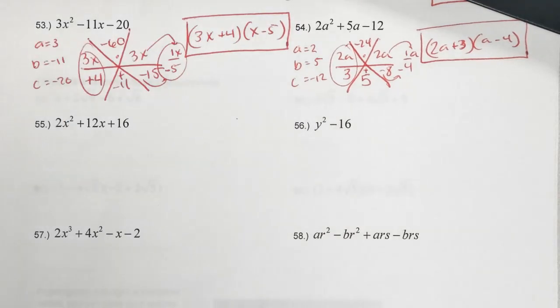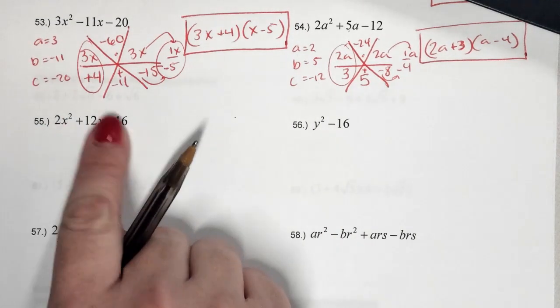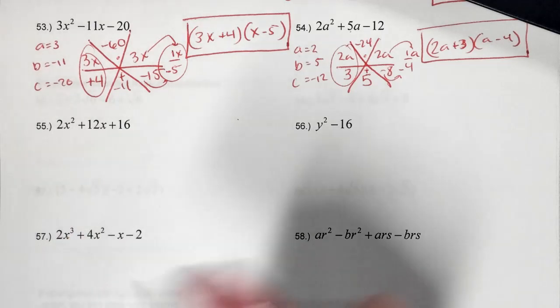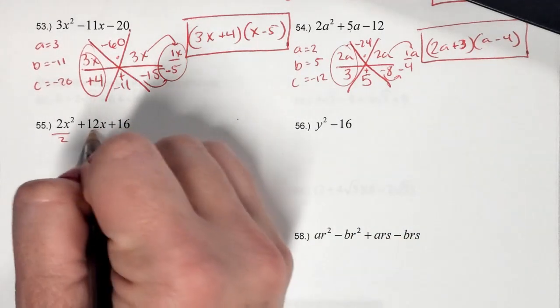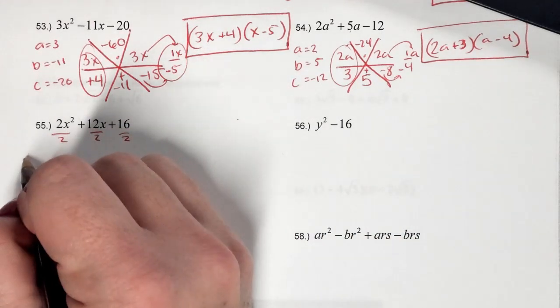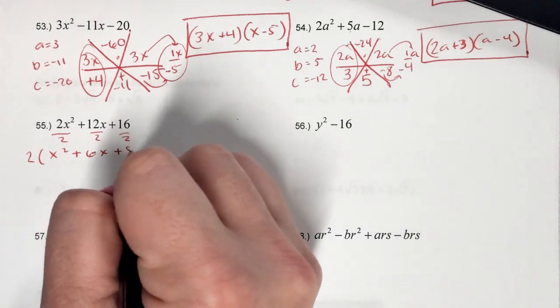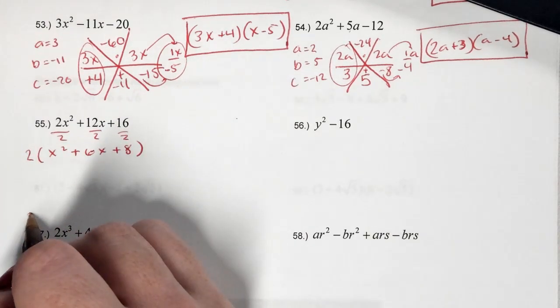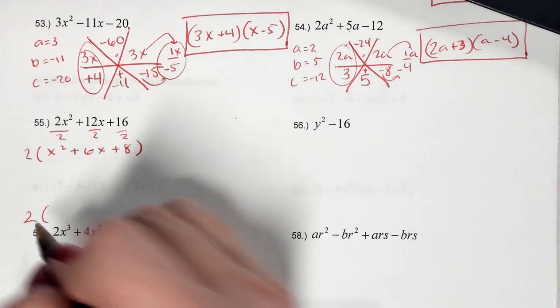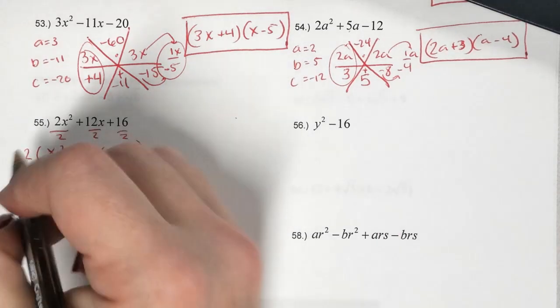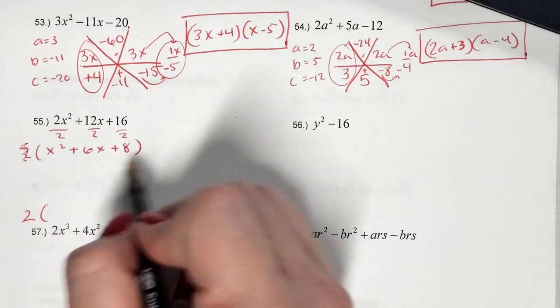Okay, 55. 2 does go into 12, 2 does go into 16, so there is a GCF of 2. Now I'm going to bring that 2 down so I don't forget that it's part of my answer. And then we're going to forget about it for right now, and we're going to factor the inside.